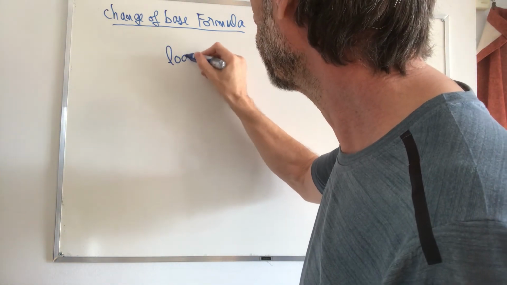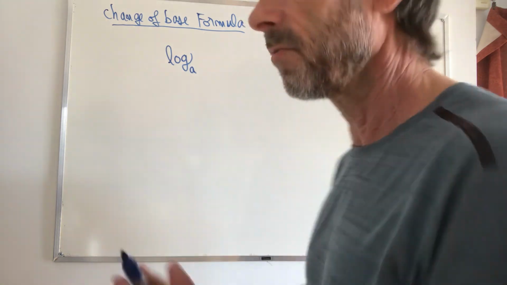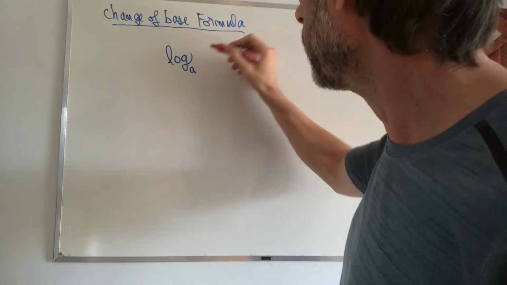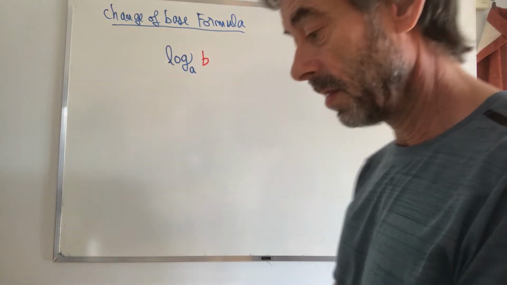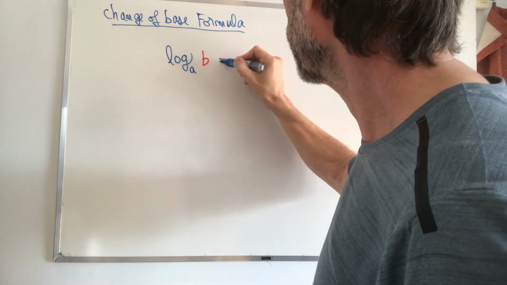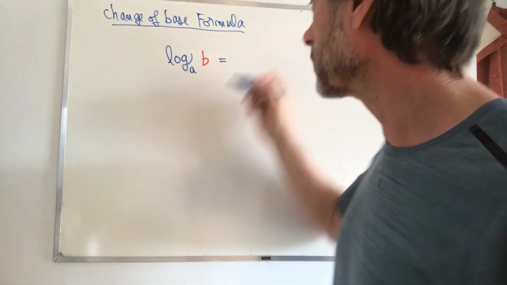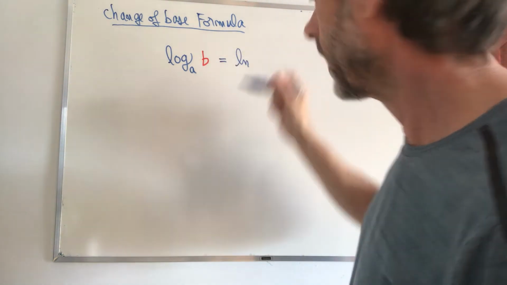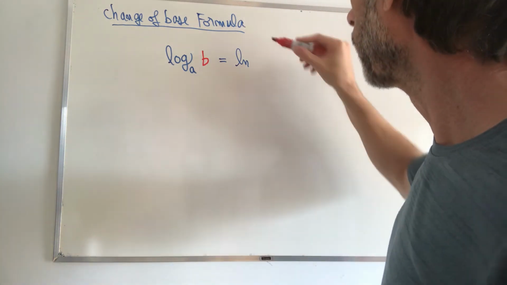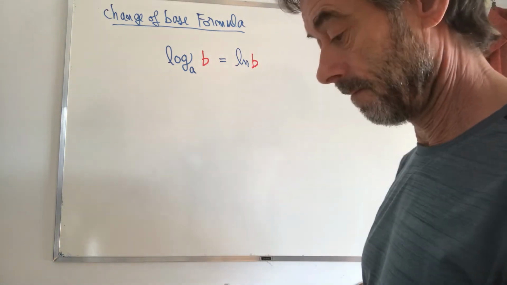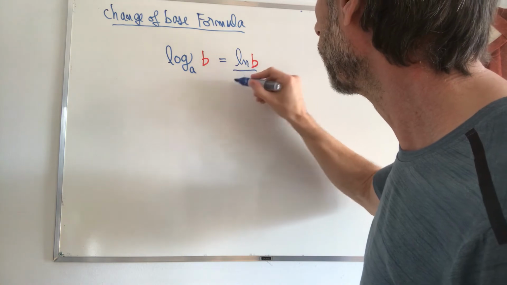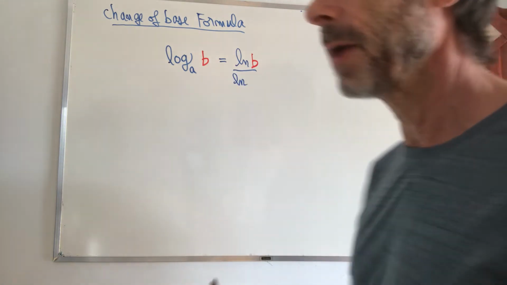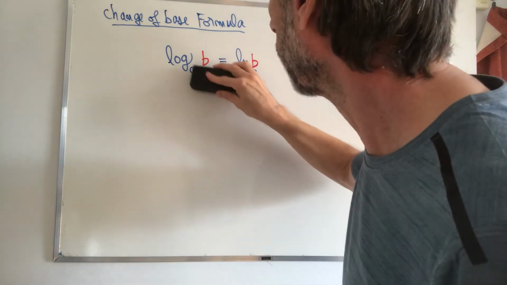Log base a of b is the same thing as ln of b over ln of a. Or maybe I should even put the a in a different color.